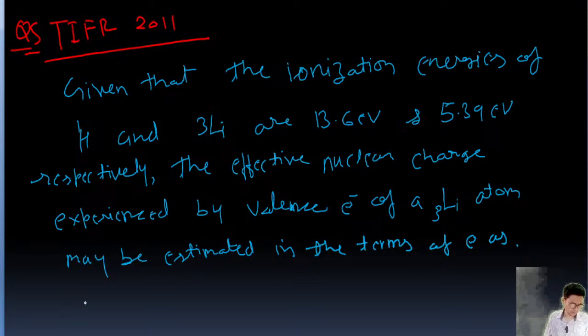This is the question, guys, a very good question. Given that the ionization energies of hydrogen atom and lithium are given, respectively. The effective nuclear charge, that is Z, experienced by the valence electron, the outermost electron of the lithium atom, may be estimated in terms of electron e.